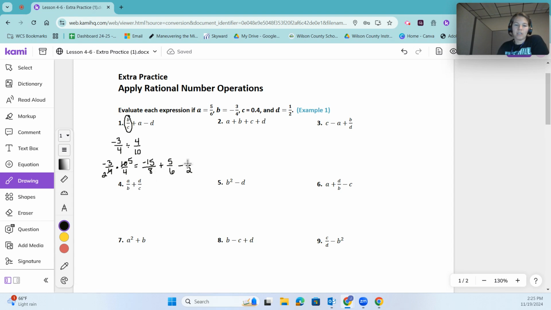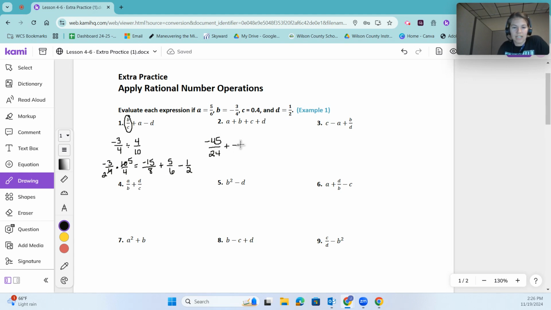When we add and subtract fractions, we need to find common denominators. A common denominator between 8, 6, and 2 is going to be 24. So I'm going to rewrite these with a denominator of 24. 8 times 3 is 24, so 15 times 3 is 45, that's negative.